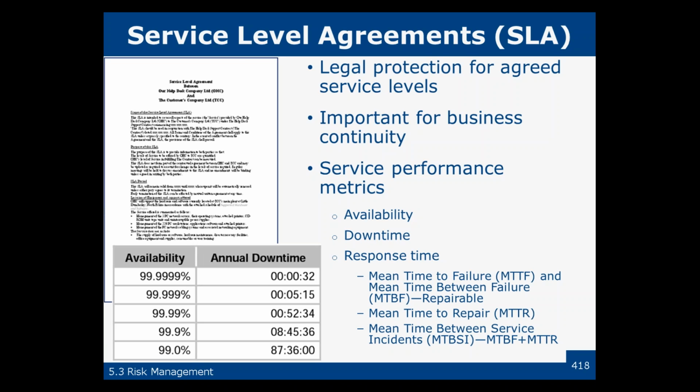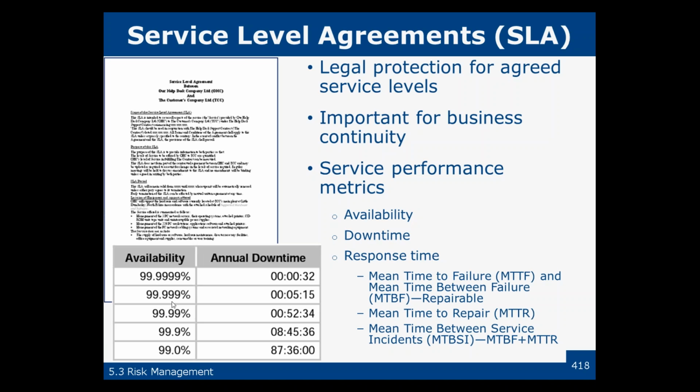The performance metrics are going to be things like availability, downtime, and response time. I put this chart here of availability so you can see what they say. 1, 2, 3, 4, 6 nines. The downtime is going to be 32 minutes a year.